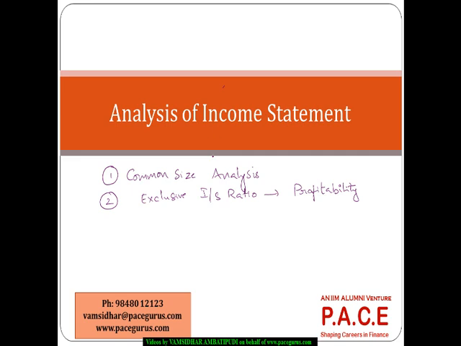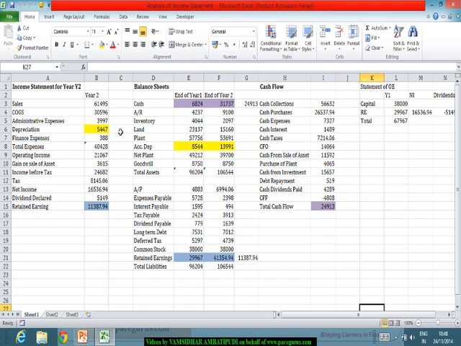In detail we will do this at a later point, but just to understand these two important mechanisms of analysis on an income statement, let me start off with common size. This is typically called a vertical common size. Let's say I'm taking this example.